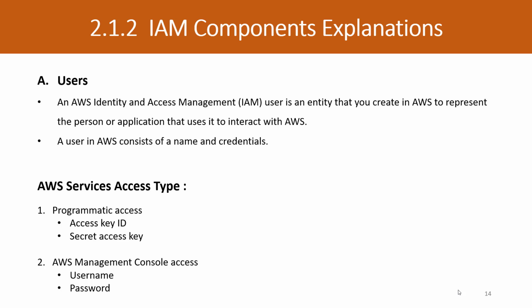Second, a user can access AWS services using the Management Console when they have a username as well as a password. So this is how you can access AWS services. Let's discuss practically how we can create a user and assign permissions to the user.